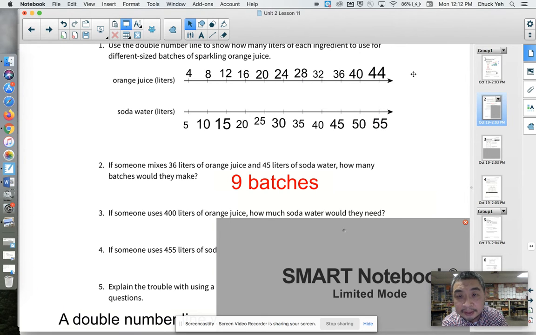Oh boy, 400. There's no 400 here. So how can we figure that out? Well, one way we can figure it out is find out 400 divided by 4 is what? Use a calculator. 400 divided by 4 is 100. And then you take 100 and you multiply by 5.